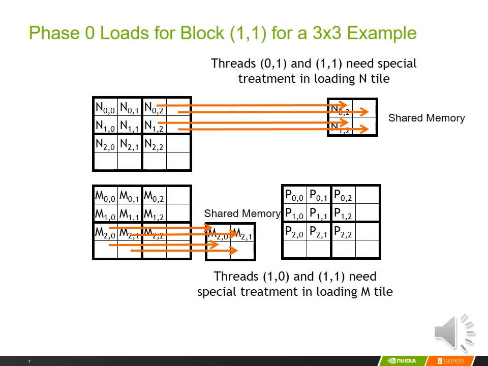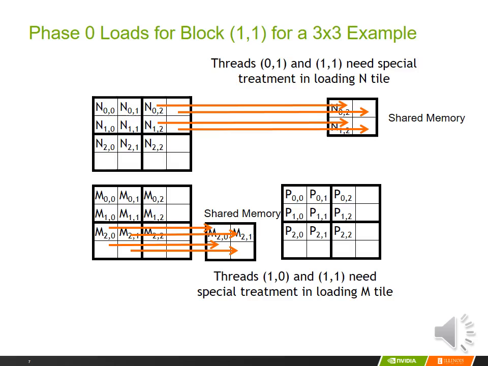Here we show the loads for block 1, in phase 0. If we look at the bottom half of the picture, we see that thread 10 and thread 11 will be attempting to load non-existing M elements into the shared memory. And if we look at the upper half of the picture, we see that thread 01 and thread 11 will attempt to load non-existing N elements.